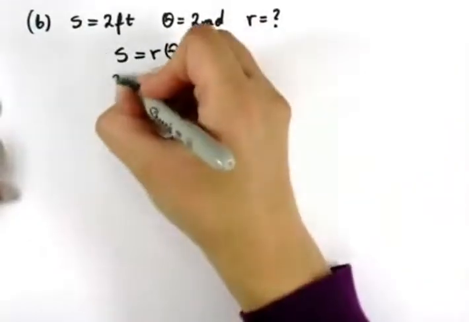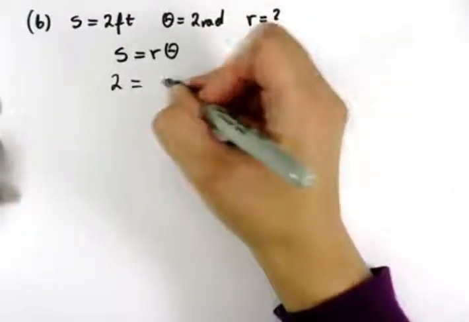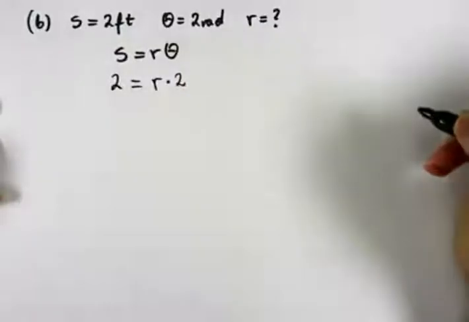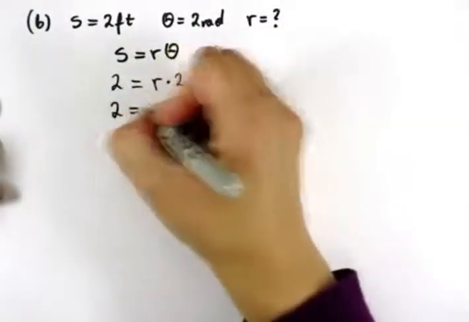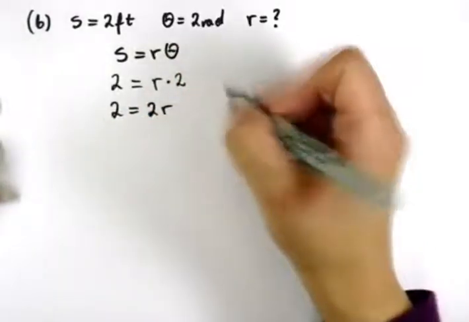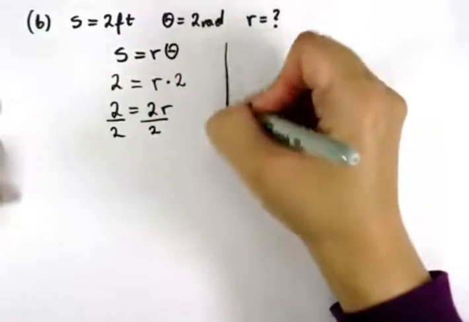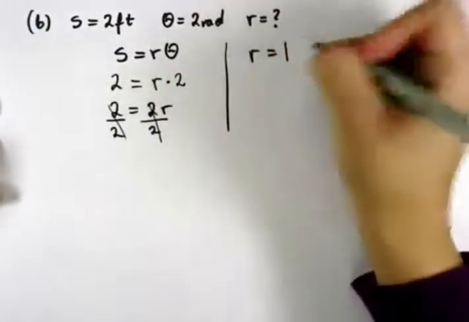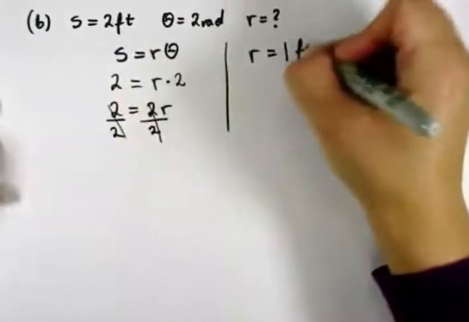We have 2 feet is equal to r times 2, since theta is in radians. So we can write this as 2 equals 2r. To solve for r, we divide by 2. This cancels out. So my radius is 1, and the unit is the same as the arc length, 1 foot.